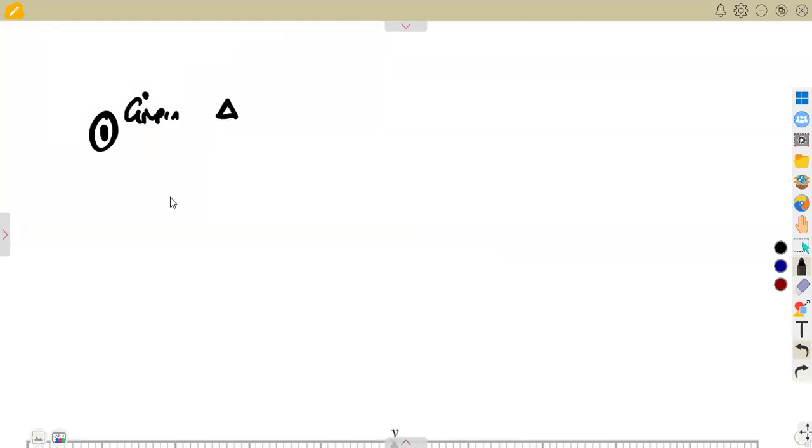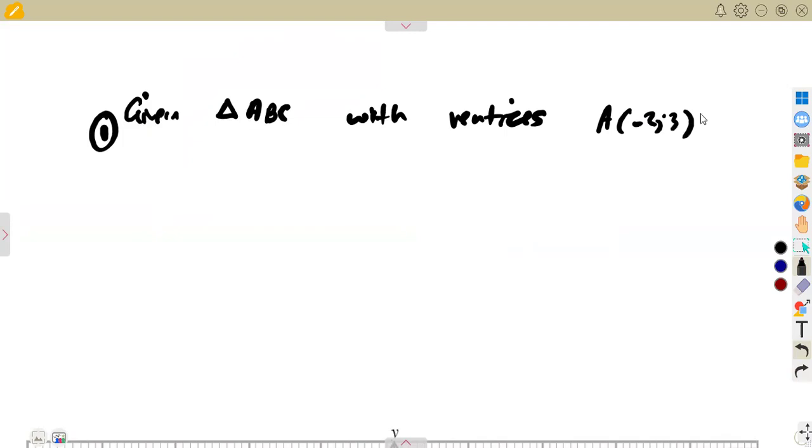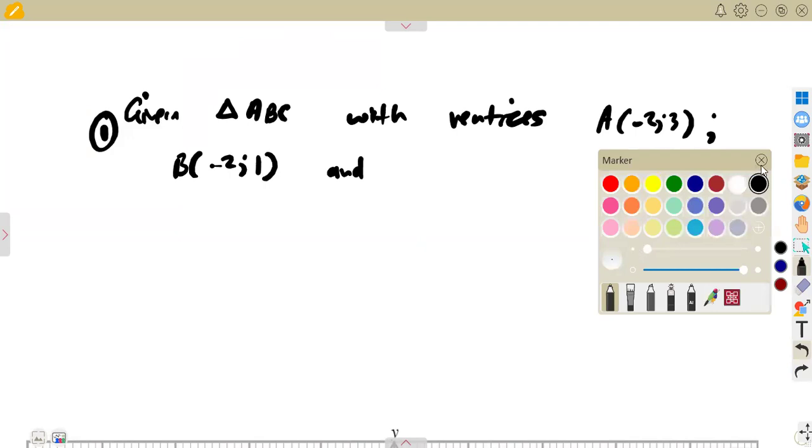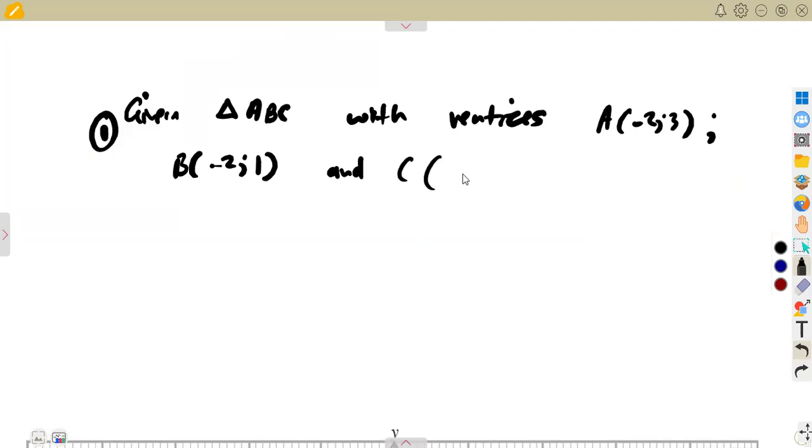In geometrical transformation, they can present a triangle in short like this: given triangle ABC with the vertices at the points A, B, and C. Let's say we are given the vertices: point A is (-2, 3), point B is (-2, 1), and point C is (-1, 1).